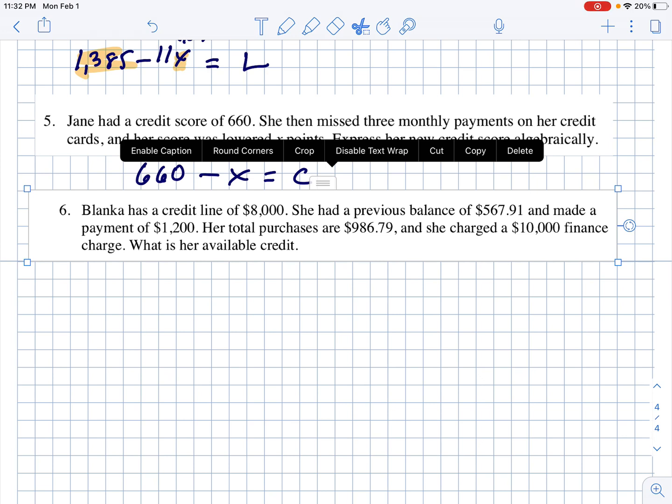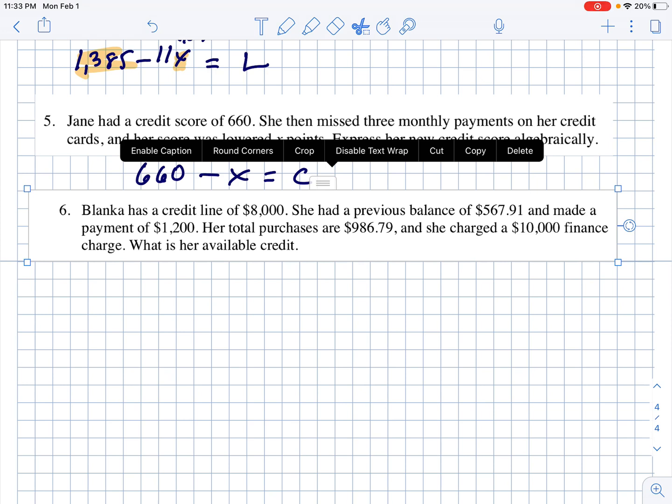$10,000 finance charge. Wait, let me check that real quick. Seems like a typo there. Just a second. Let me look for that.